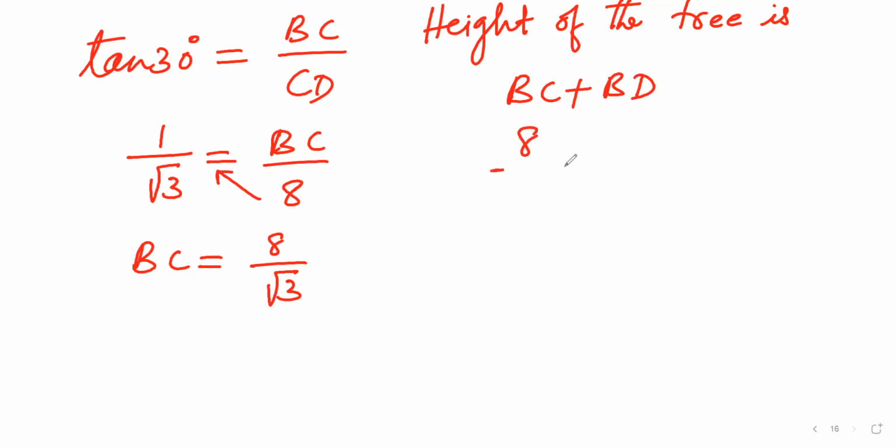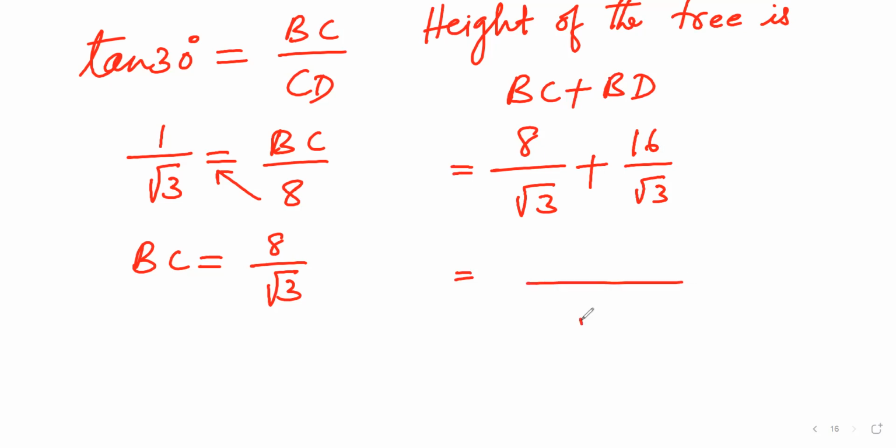That is 8 divided by root 3 plus 16 divided by root 3. So here what I can do is take the LCM. LCM is root 3. That is 8 plus 16. So that is 24 divided by root 3.